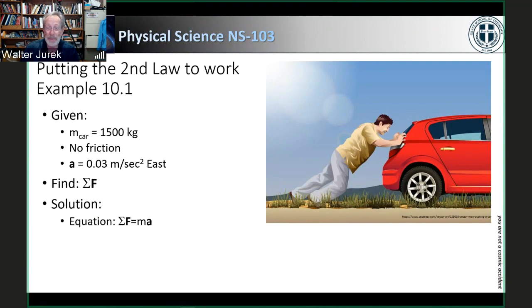Well, we've got Mr. Newton's second law. We can get the force. We just take the mass, 1,500 kilograms, times the acceleration, 0.03 meters per second squared. Bang on the calculator, and it comes out as 45 newtons headed east.